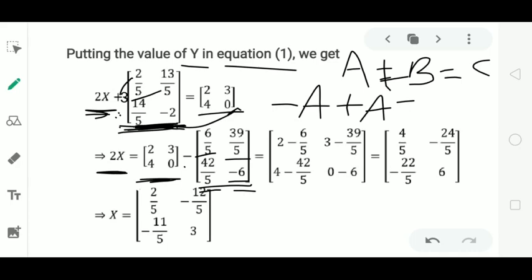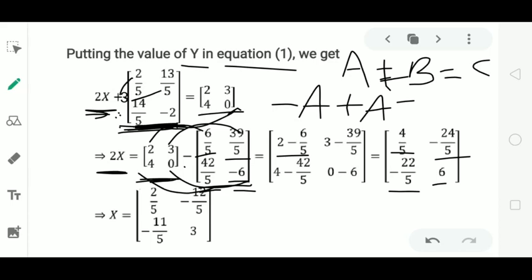Now in RHS, 2 minus 6 by 5 is 4 by 5. 3 minus 39 by 5 is minus 24 by 5. 4 minus 42 by 5 is minus 22 by 5. 0 minus of minus 6 is plus 6.